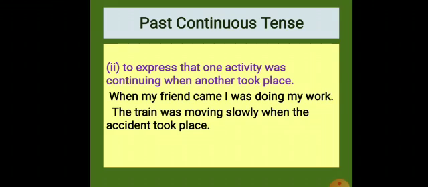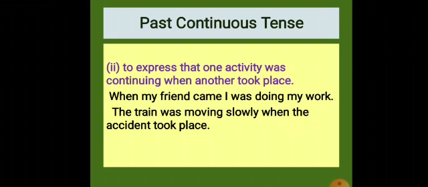And then we also use past continuous tense to express that one activity was continuing when another took place. Now here we are talking about two activities in which one activity continued when the other activity happened. There are two actions. One action is in continuation when the other action took place.